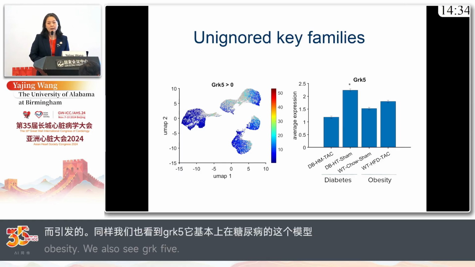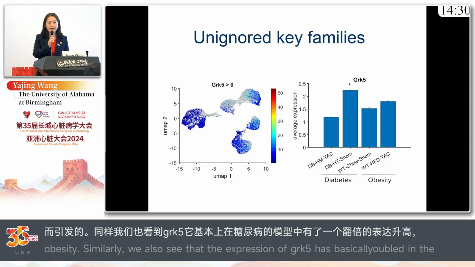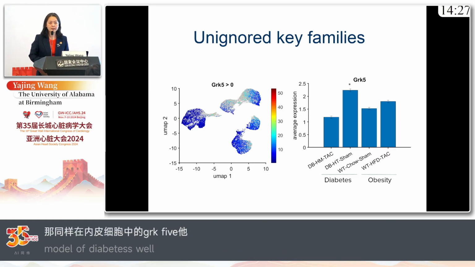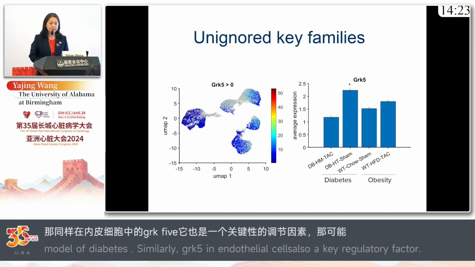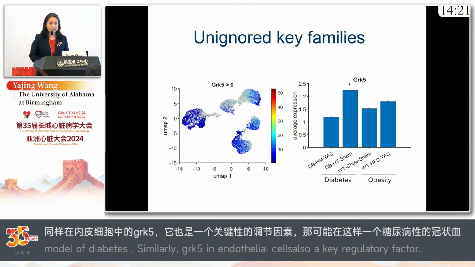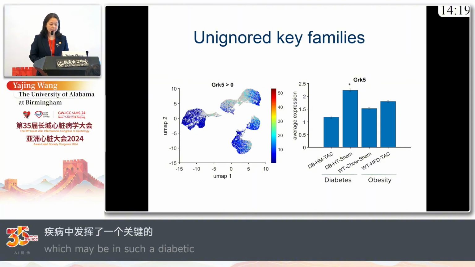Therefore, I think GRK5 in endothelial cells is a key factor that may play a role in diabetic coronary artery disease, which could lead to severe heart failure.